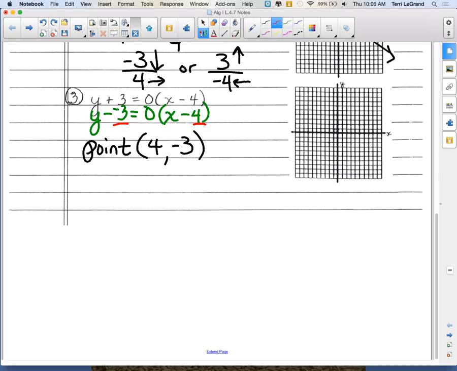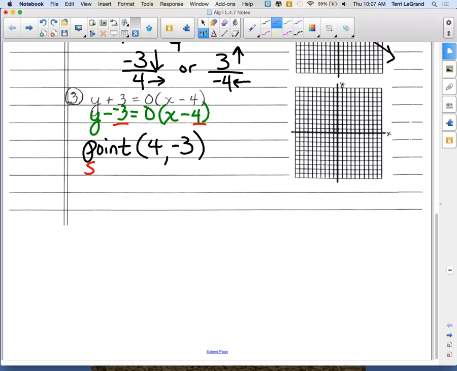But in the ordered pair, the x comes first, and it's the one over here at the end, and the y comes second, and it's the one at the beginning. So typically, a student would say they have ordered pair negative 3, 4, and they'd have the wrong point. Okay? So be careful of that. Just because this is the first value does not make it the first value in the ordered pair.